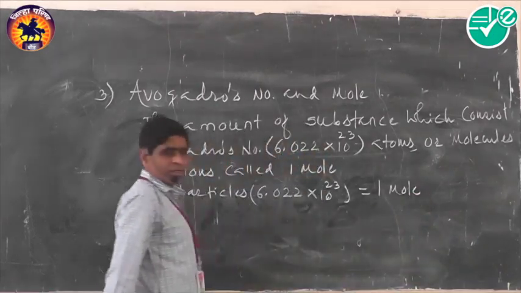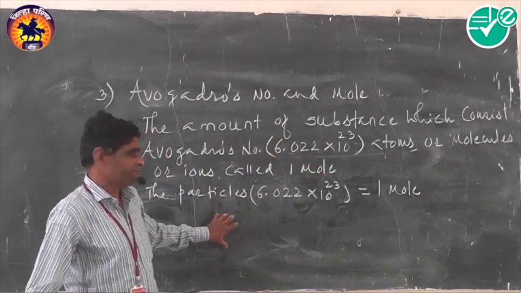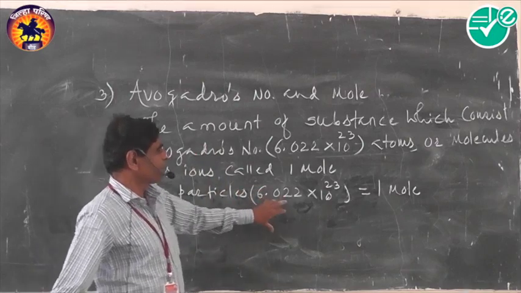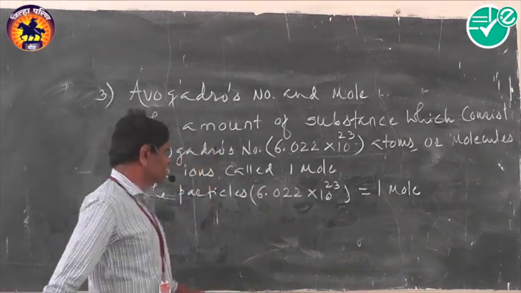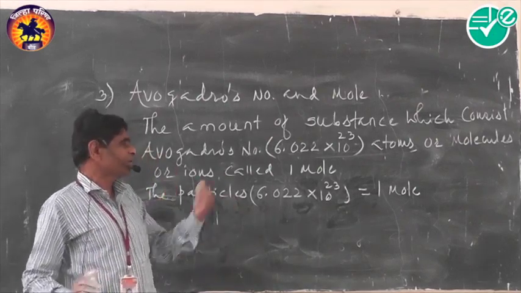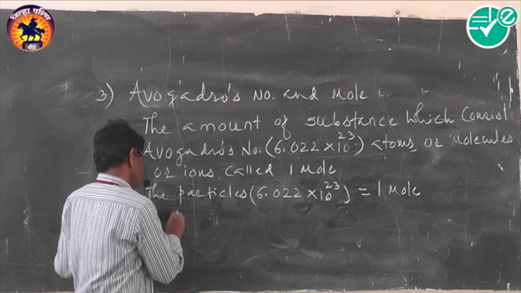Now suppose a substance consists of n particles, where n is any whole number. If Avogadro's number of particles is equal to 1 mole, then if the substance consists of n particles, how many moles are there?